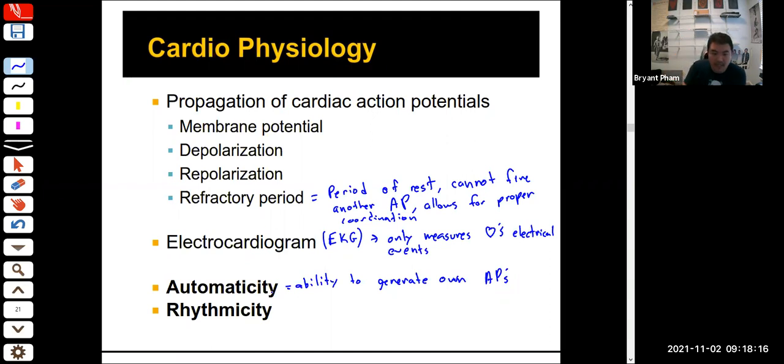Rhythmicity is the ability to repolarize after depolarizing. Okay, i.e., your heart can set its own rhythm for contraction and relaxation. Automaticity and rhythmicity. These are two unique properties of the heart.